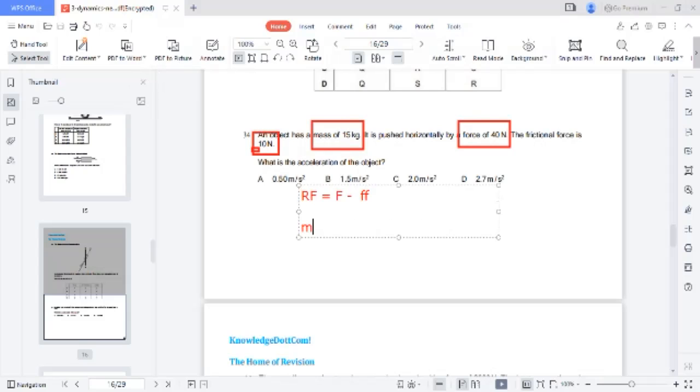So we know that m times a is equal to the applied force, 14 Newton, minus the frictional force, 10 Newton. Mass is 15 kg.